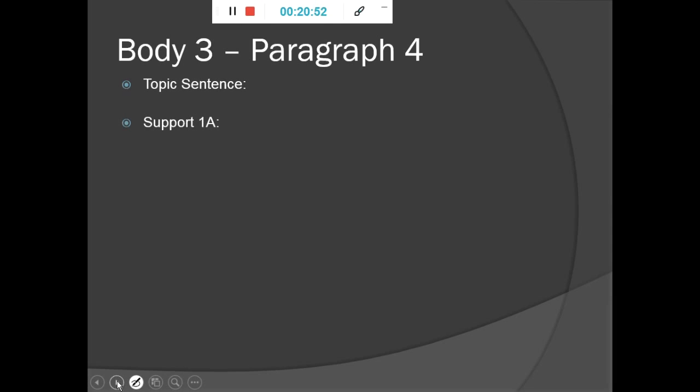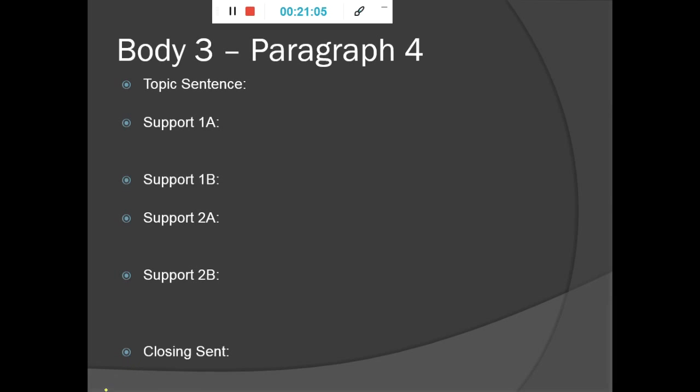We need support 1A, support 1B, support 2A, support 2B, and a closing sentence. Okay, here are some examples of the topic sentence. This is the 3rd reason that you would have seen in the introduction paragraph.